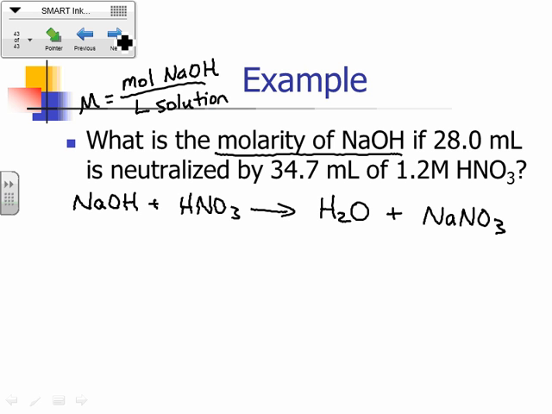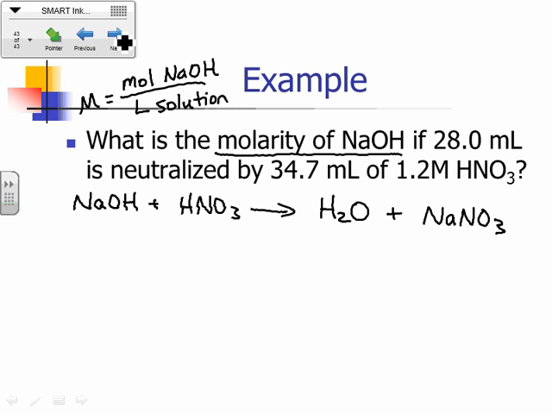We know the volume of the NaOH solution originally, right? But we don't know the number of moles of NaOH we have in the solution. So that's why we're doing the titration in the first place, okay? So in order to neutralize this, neutralize means we reach the equivalence point. That's another way of saying that, okay? We need to add 34.7 milliliters of the 1.2 molar HNO3.